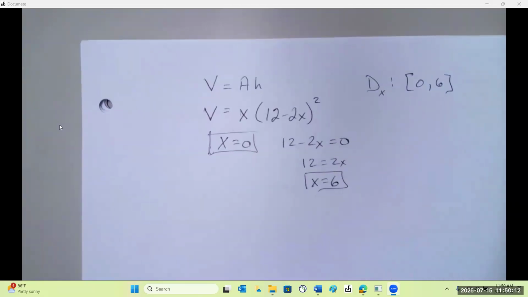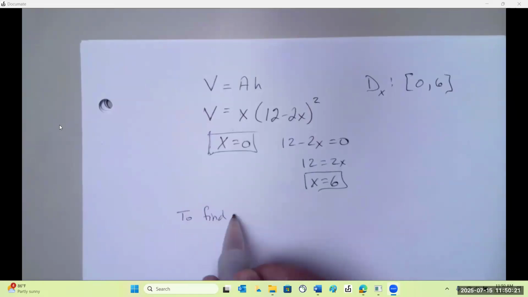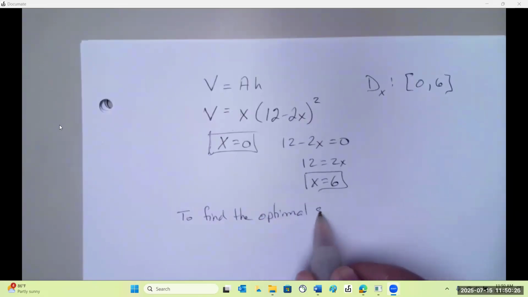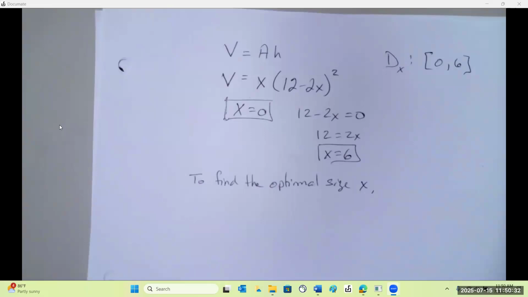Now, how do I find that? To find the optimal size x, what do we need to do? How do we find the optimal? Nope. The derivative, because the derivative is where we find the vertices, which are the maximum and minima.